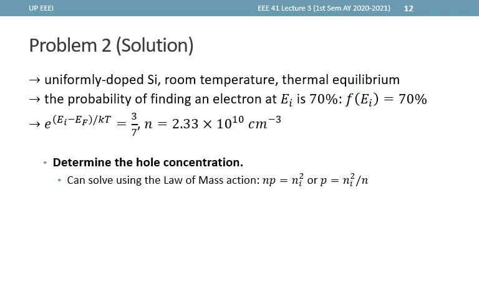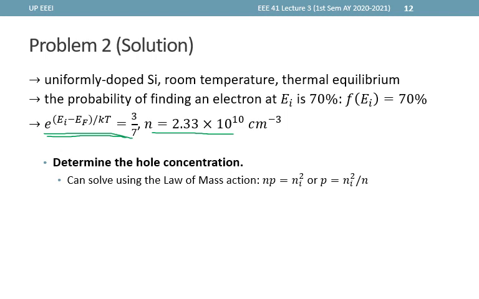So the next question, we determine the hole concentration, and we just note what information we have so far. So we already have this one, and we have already computed for n, but instead of using this equation, we can just proceed with the law of mass action, because that's much simpler or shorter. So p must be equal to ni squared over n.